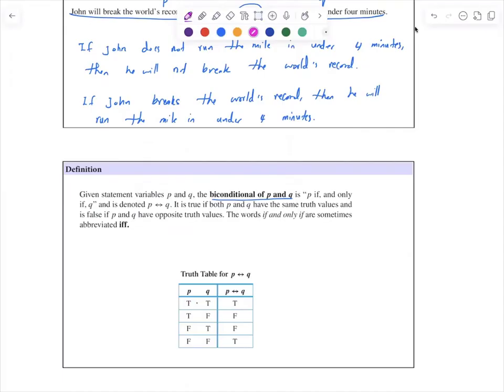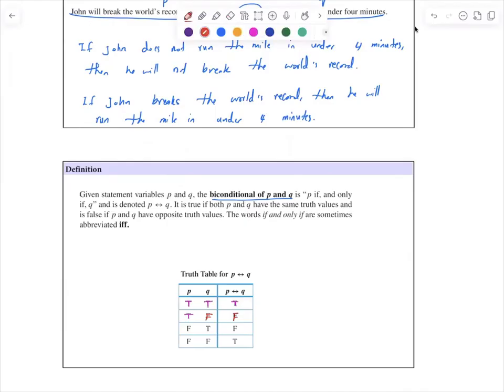If P is true and Q is true, by definition, P if and only if Q is also true. If P is true and Q is false, then you get a false back. Let me use the same color as pink here.